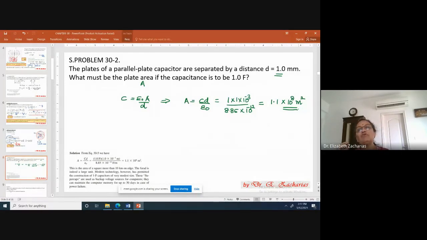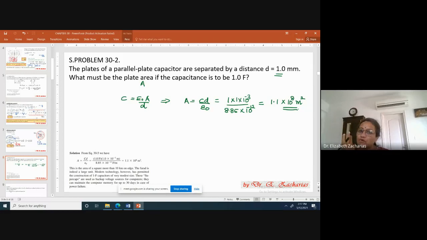What is 10 to the power of 4 into 10 to the power of 4? 10 to the power of 8. So that means here we are talking about a square whose one side is 10 to the power of 4 meters.